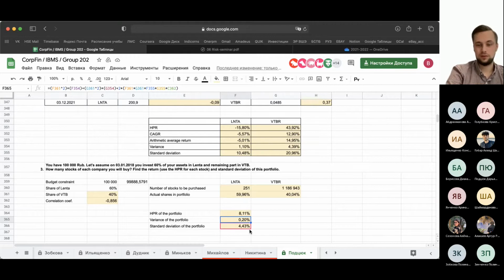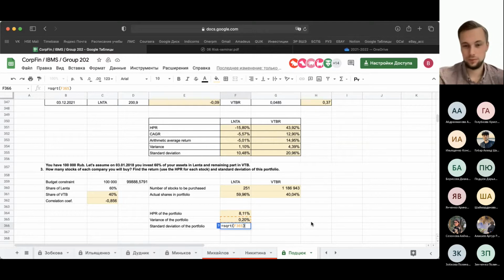Okay, and what about the standard deviation? How do we find it? We just use the square root of variance. And again, the standard deviations of Lenta and VTB themselves are high, and the standard deviation of the portfolio is quite low.